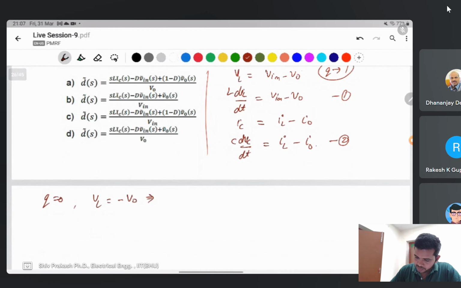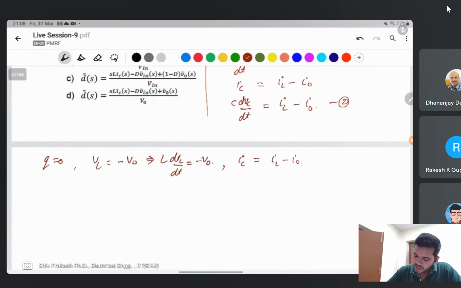The capacitor current has the same expression, IL minus I naught. IC can be written as C dVc by dt. Take this one as the third equation, and this one as the fourth equation.